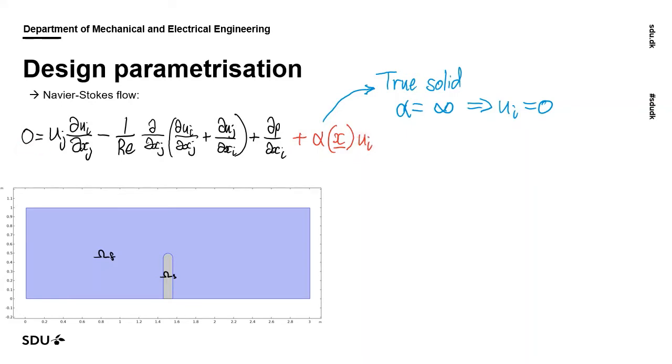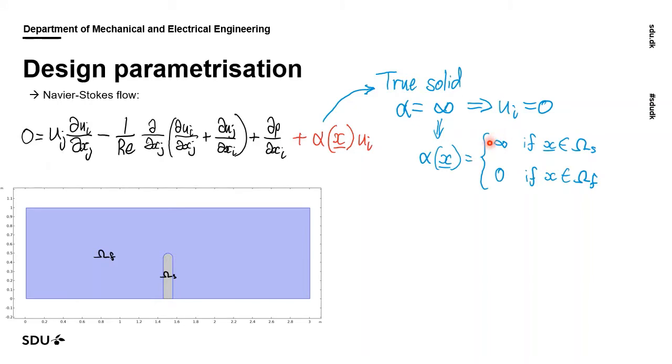Now we are extending the Navier-Stokes equations by these generalized Navier-Stokes equations that govern both the fluid and solid domain. Inside the solid domain, we use this large or infinite penalty parameter, and we set it to zero in the fluid domain in order to recover the original Navier-Stokes equations.